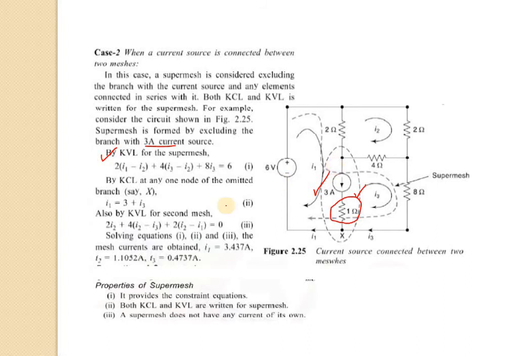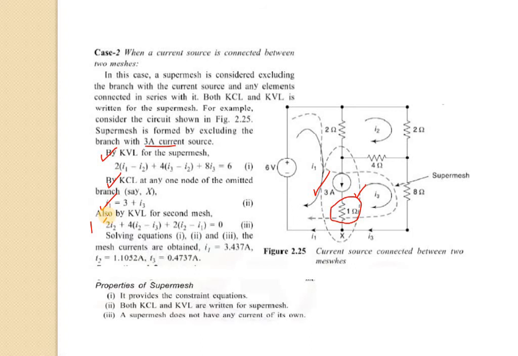Now, by applying KCL at any node, I1 equals 3 plus I3. Now, applying KVL in the second mesh, we get 2I2 plus 4 into (I2 minus I3) plus 2 into (I2 minus I1) equals 3.